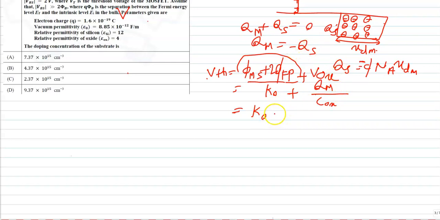Qm is equal to minus Qs. One step I'll write, minus Qs upon Cox, which is k naught minus, see here also minus q Na xdm, so k naught plus q Na xdm upon Cox.